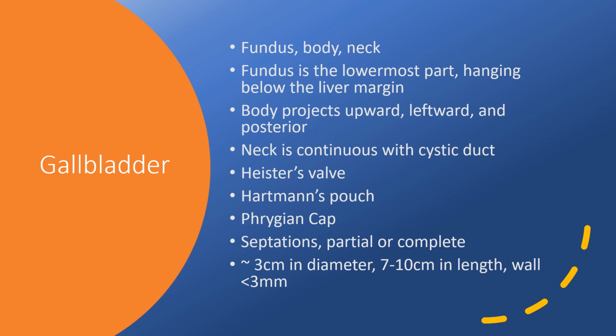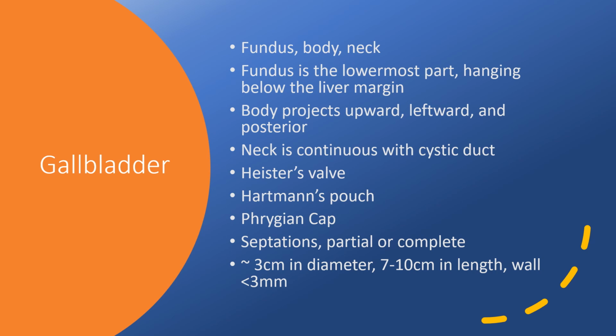The body is going to project upward, leftward, and posterior. Usually the fundus is the most anterior part of the gallbladder as well. The neck is continuous with the cystic duct and can also be sort of serpentine in nature. Inside that neck and that cystic duct, you're going to find Heister's valves.